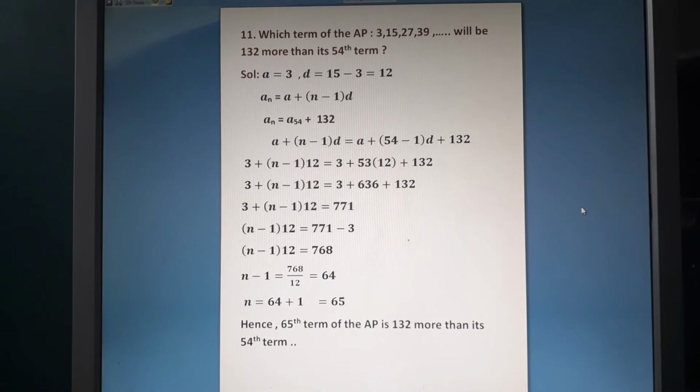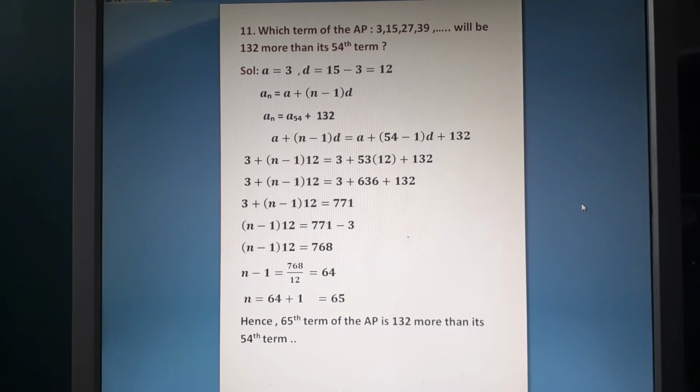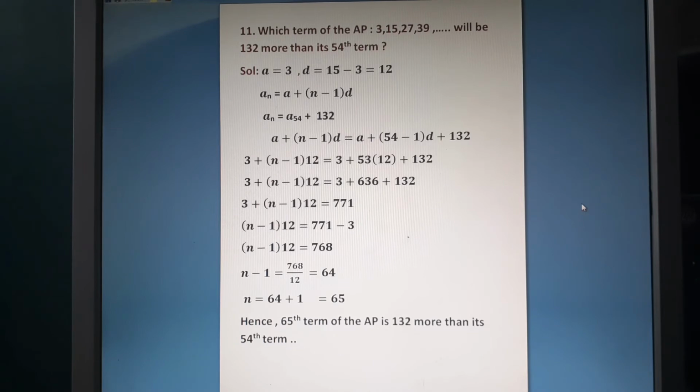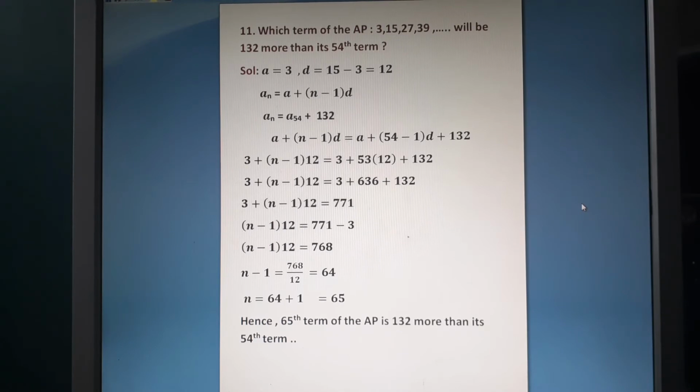Now An is equal to A plus n minus 1 into D. An is equal to A54 plus 132, because according to the question, the nth term is 132 more than the 54th term.